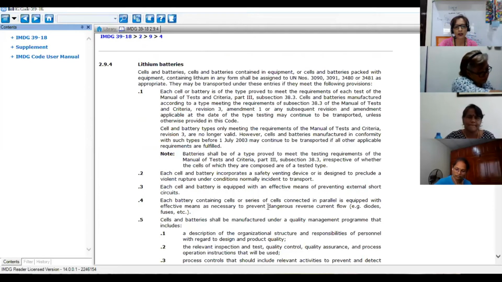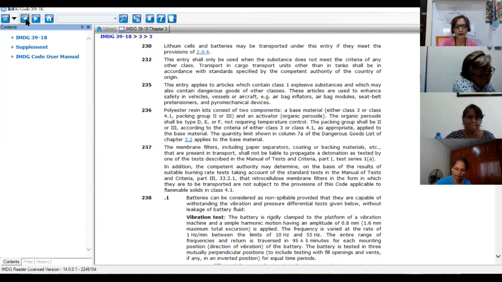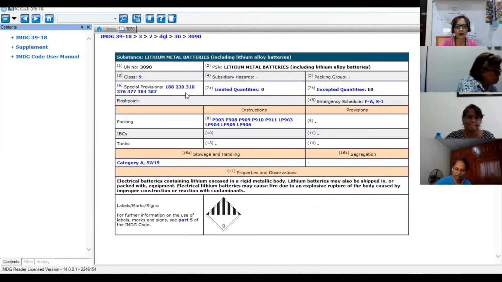That means they're talking about the test to test these batteries, right? So all the other SPs are not actually talking about the mark; only this one is going to talk to you about the mark, and along with this will be your label, and this will be your placard.